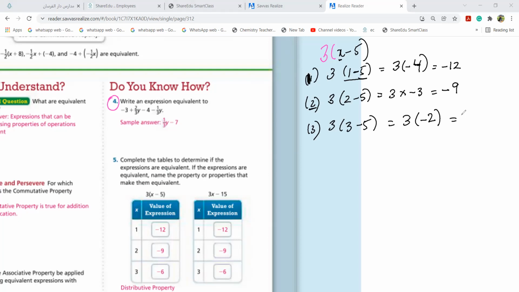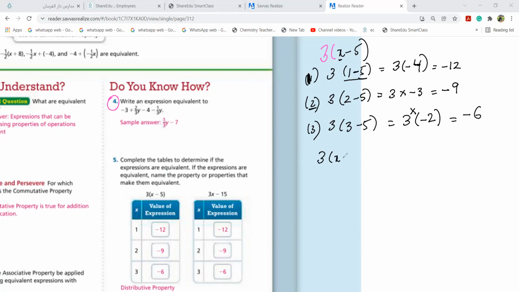So we multiply them. Don't do 3 minus 2. When you see parenthesis, you need to multiply. 2. So miss, it's 6. Negative 6. Negative 6. Okay, this was all about 3x minus 5.